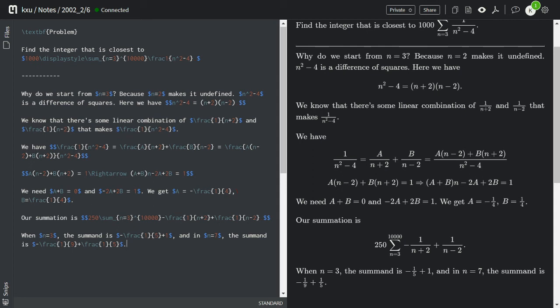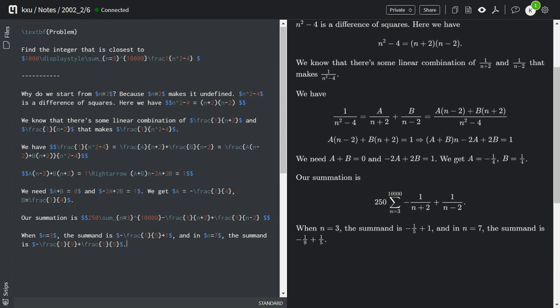And no other n will give a 1/5 because we know the only fractions that this sum gives are -1/(n plus 2) and 1/(n minus 2). So effectively, a lot of terms cancel out. In fact, pretty much every single middle term will cancel out, with the exception of a few at the very front, because they can't be canceled out by the stuff in front of them, and stuff at the very back, which can't be canceled out by the things after them.